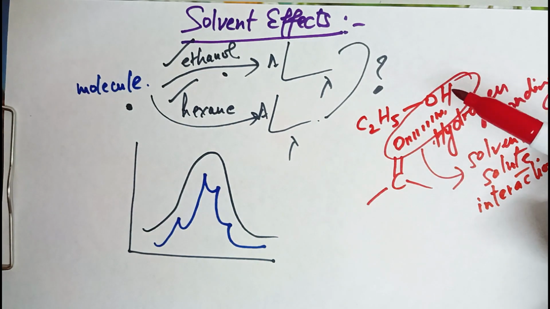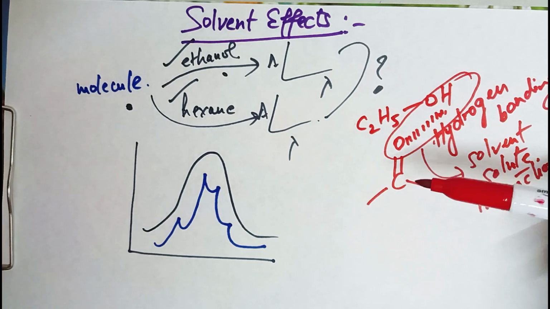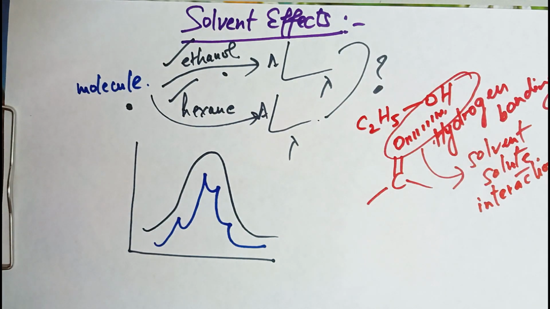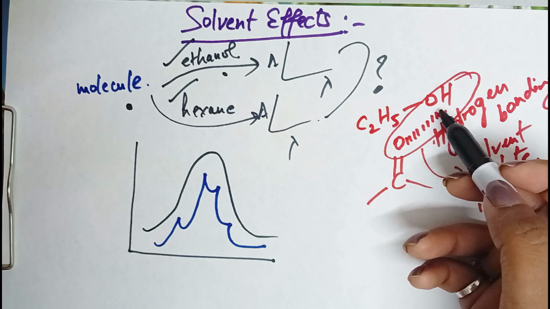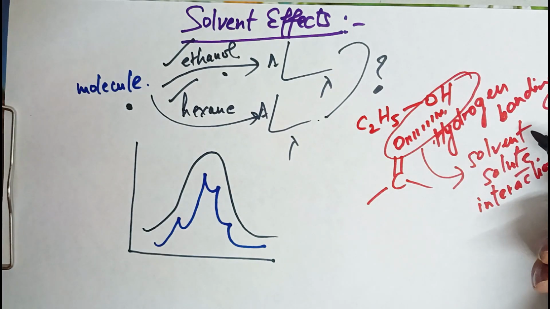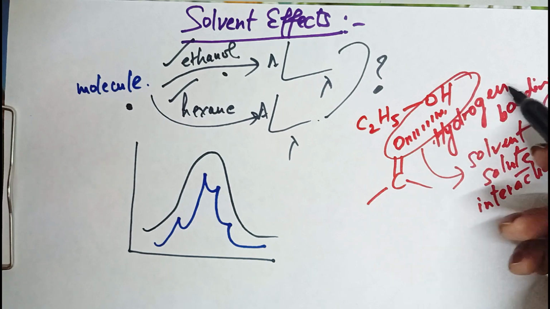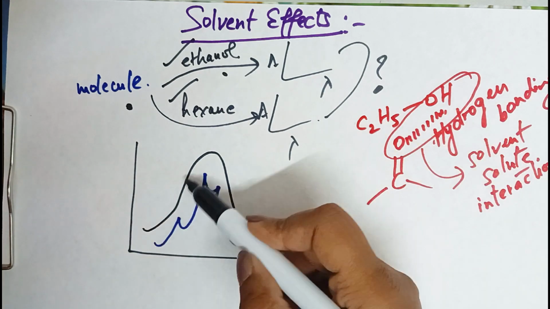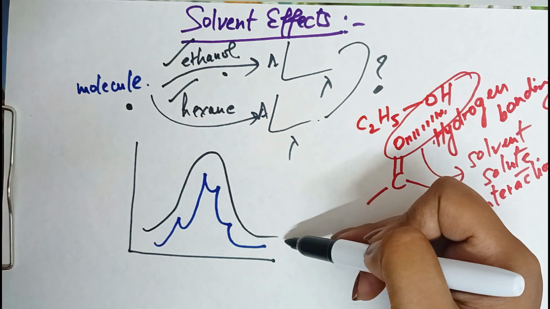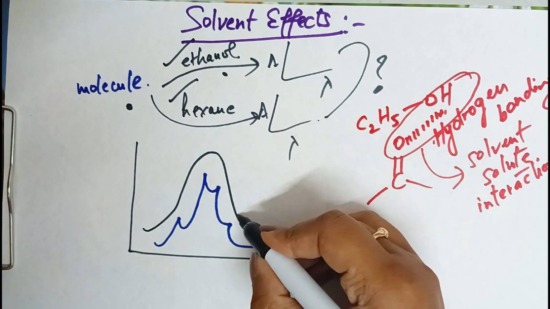Now due to these solvent-solute interactions, what happens to the peak? The peak becomes broader, that is, we do not get sharp peaks. So in the case of ethanol as a solvent, due to these solvent-solute interactions, that is the hydrogen bonding, we get a spectra which gives a broader peak.